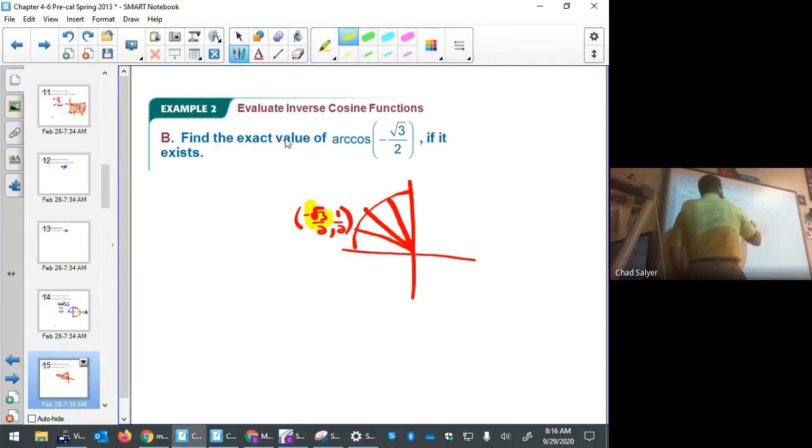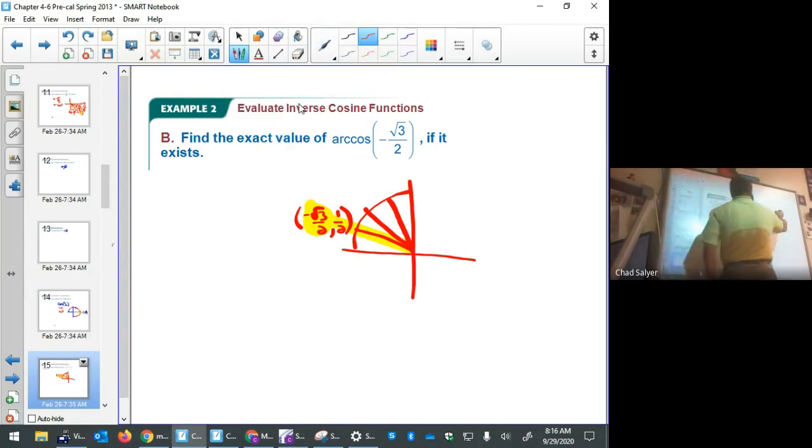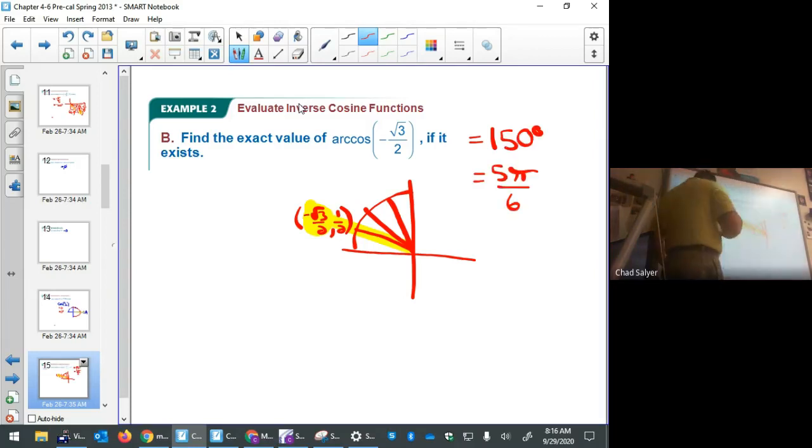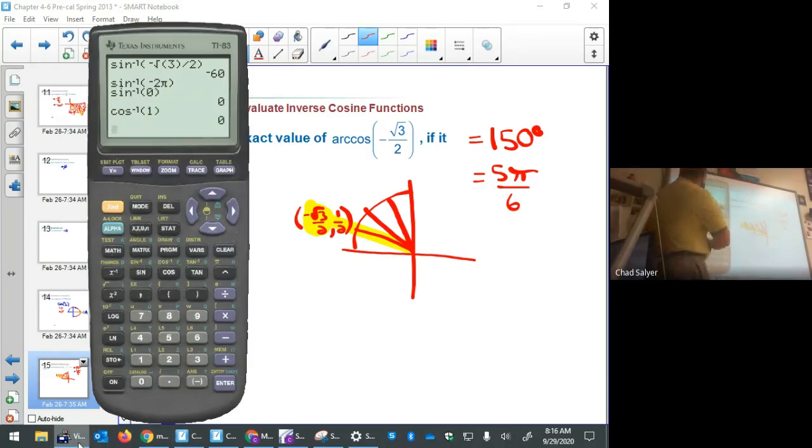So what that's going to be is 150 degrees, which is 5 pi over 6 radians. But again, you want your calculator in degree mode for trig inverse.